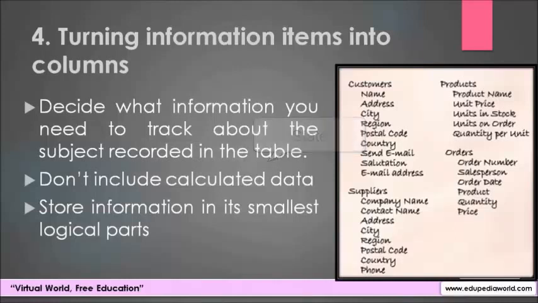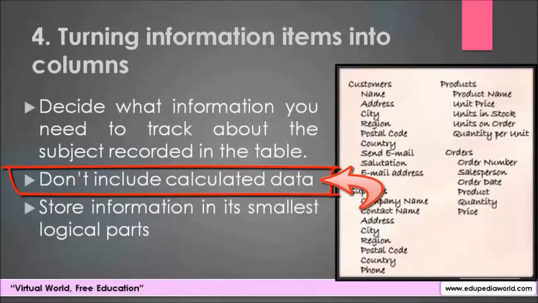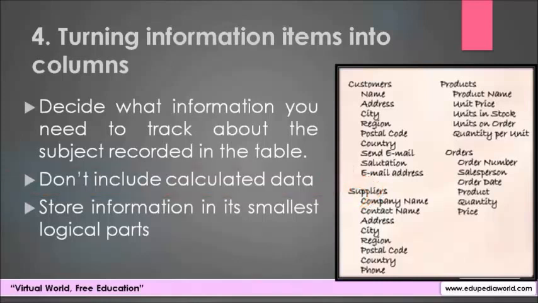Here, the most important thing is don't include calculated data. Instead, perform the calculations using the data in the database when you want to see the result. Next thing is to store the information in its smallest logical parts. You may be tempted to have a single field for full names or for product names along with the product descriptions.